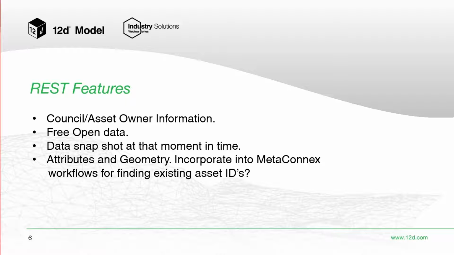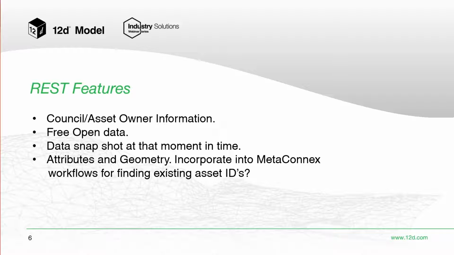Attributes will come through and the geometry comes through. In the Three Waters instance, we could use the tools that we have in MetaConnects to update attribute values and then to buy that information back to the council. So imagine you've got an upgrade of a wastewater network, which is quite common in Christchurch. They would potentially change some of the attribute values.